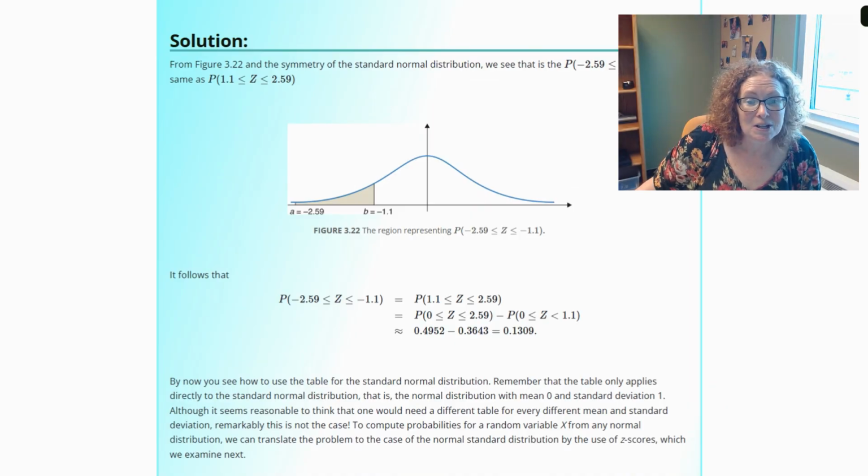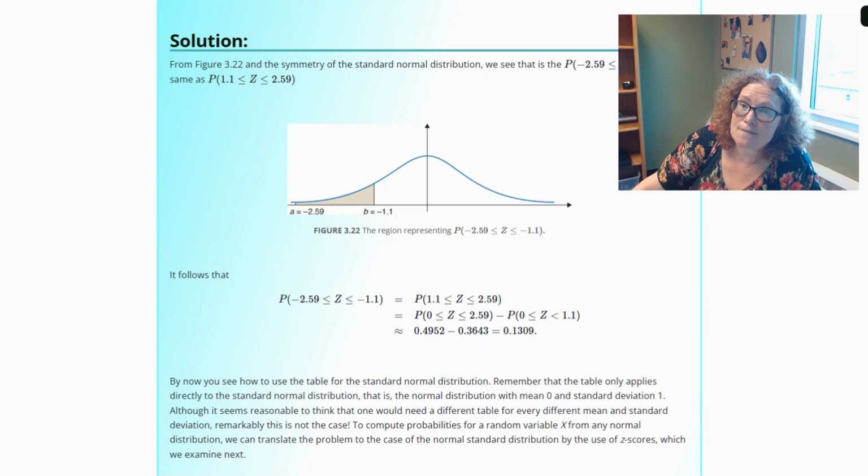So we want to look at the score for 2.59 and for 1.1, but we want to take into consideration the fact that they are negative numbers. That's why when we look at the chart, we just use the positive number. So it's still the same.